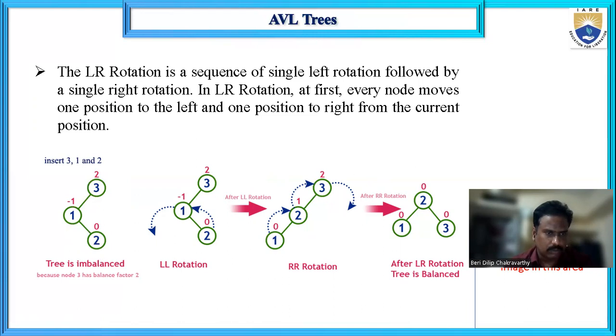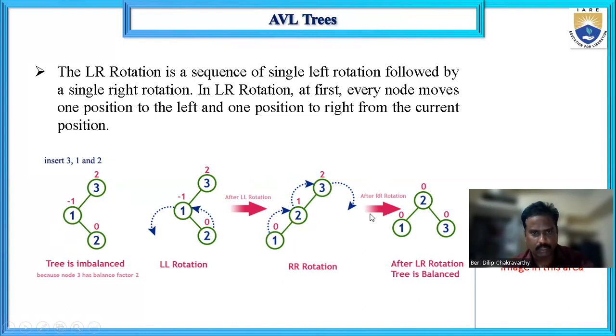Here I need to perform the rotation. In the first rotation, 2 comes here and 1 comes as a child to 2. Observe here, 2 comes here, 1 comes as a child to 2. Then I need to rotate again. So this is one rotation and another rotation.